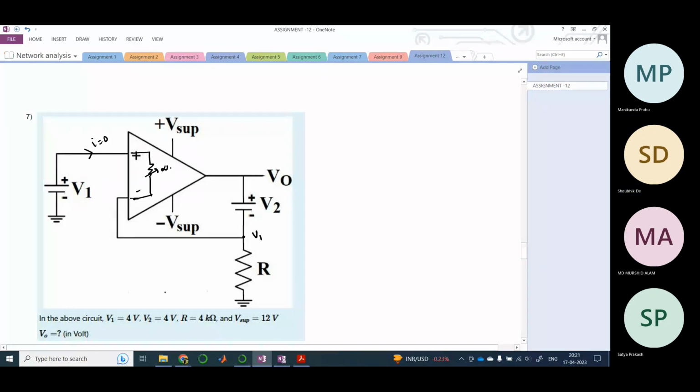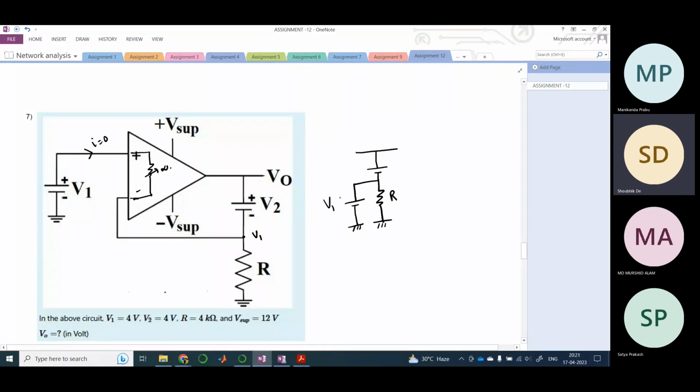Okay, now if this is equal to V1, can we redraw the circuit something like this? So this is the initial R here, right? And this is our V1 here, and this is V2, and this is V0 obviously. So if I say that a current is flowing from V0 to ground, V0 is equal to V2 plus I into R, right?